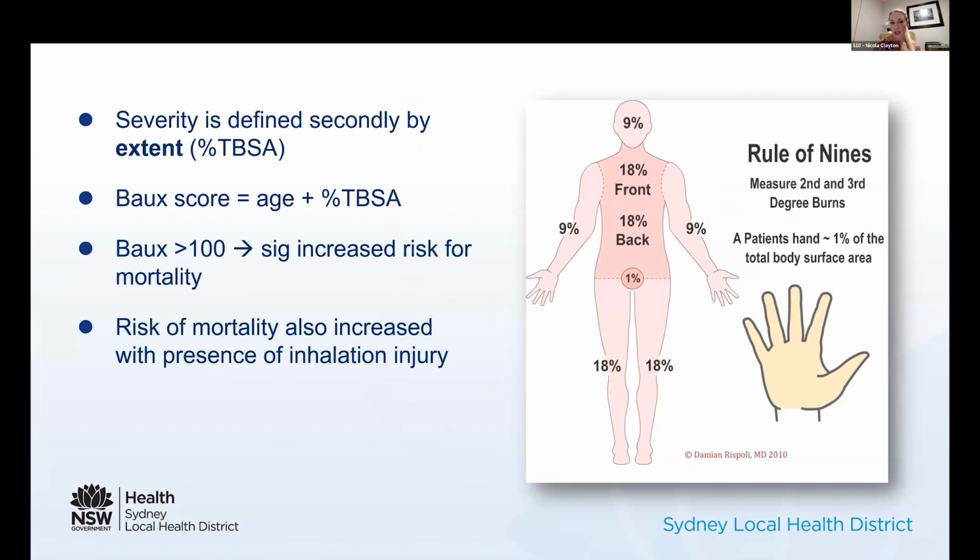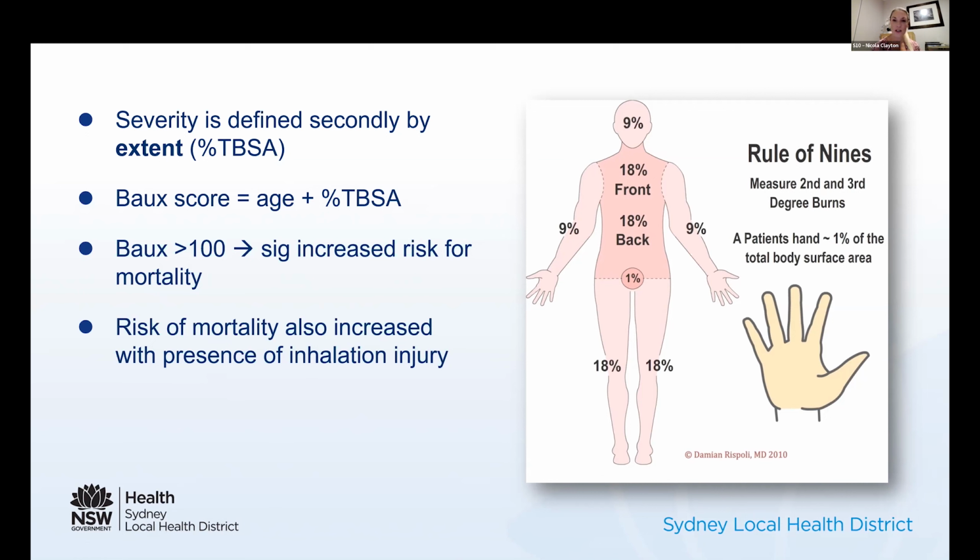But also, and you'll see here on our second point, we look at what's called a Baux score. A Baux score gives us an idea of the risk of mortality as a result of sustaining a severe burn injury. We look at the total body surface area burnt, add it to the patient's age, and if it's over 100, the risk of that patient succumbing to their injuries increases significantly.